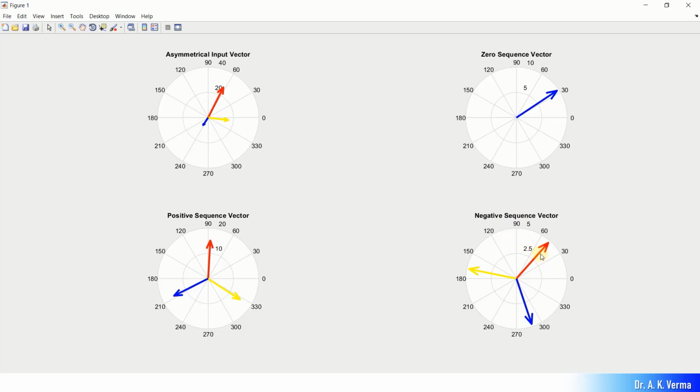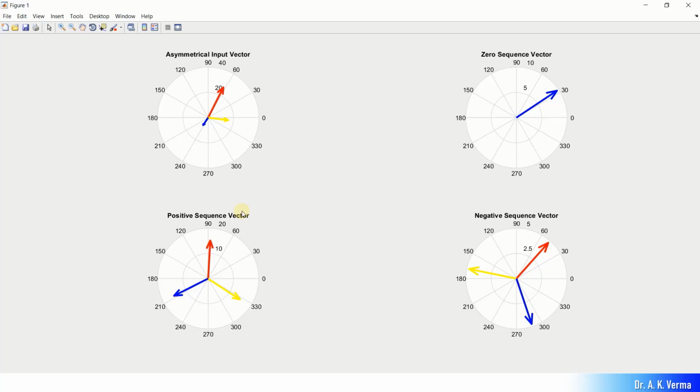You are getting red and then blue instead of yellow. Here you get red, yellow, blue in the anti-clockwise direction, and here in the clockwise direction. This is the reverse phase sequence, so that's why it is known as the negative sequence vector. This is what we have achieved in this MATLAB program.